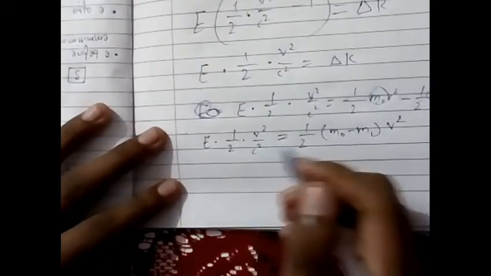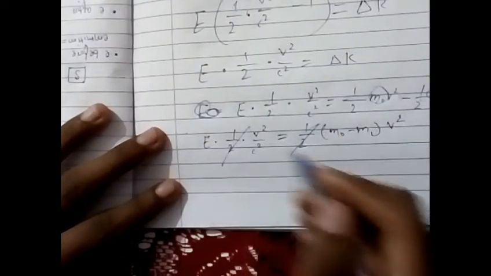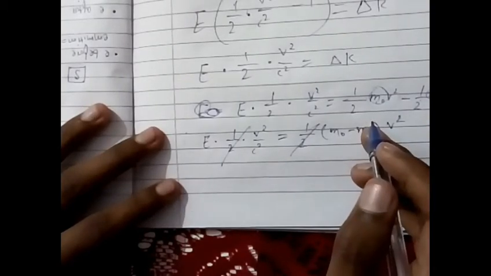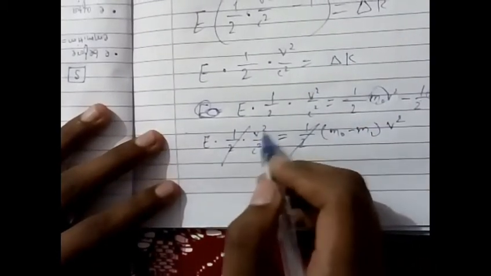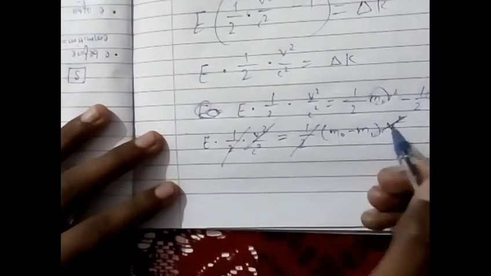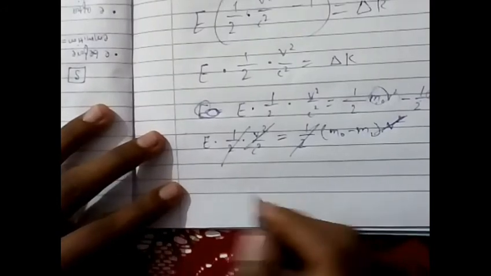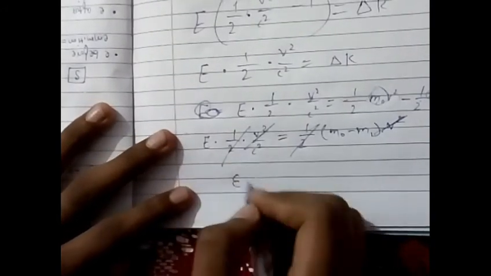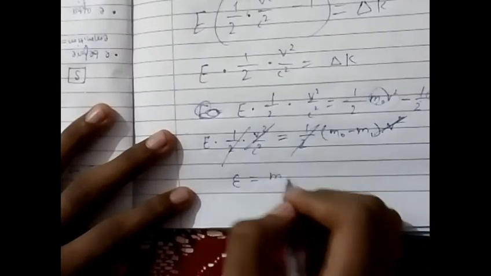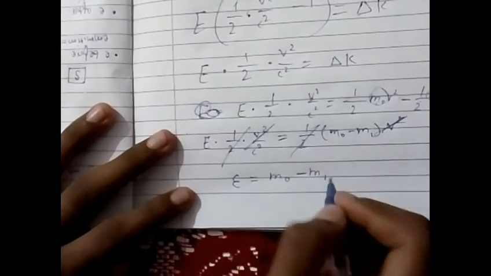Now we have to move further. We can cancel both the halves, and we have something else. Let me see, we can cancel v square and v square from here, and we're left with E equals m0 minus m1.